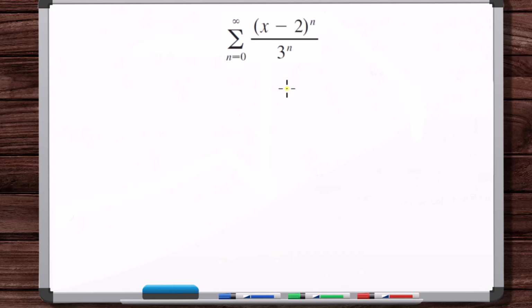Okay, let's see if we can put this into the form of a geometric series. That's all we've learned as far as convergence of series is the geometric series, but there's also the telescoping series, though I don't know how that would come into play with these questions. I'm going to assume for each one of these questions, we can put it into the form of a geometric series or something of that nature, but we'll see.